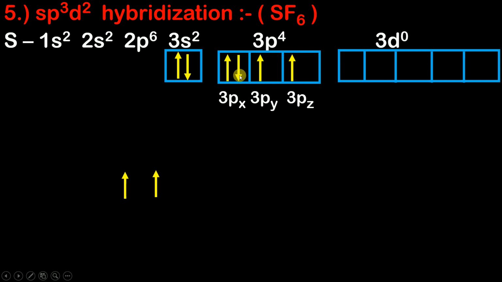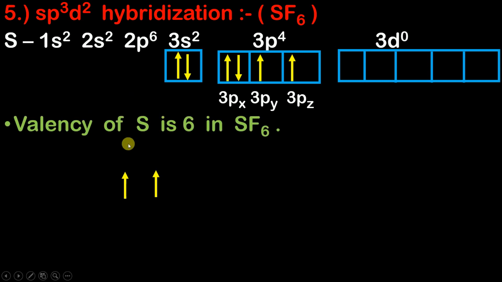Now guys, what happens over here is that the valency of sulfur is 6 in SF6. Since the valency is 6, we require 6 unpaired electrons. To have 6 unpaired electrons, one electron from the 3s orbital is going to jump to a d orbital, and one electron from this 3px is going to jump to another d orbital, as you can see over here.